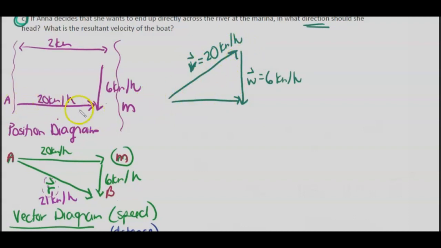She doesn't have to go east. She can go at an angle. She's still going to be traveling 20 kilometers per hour. Then we want the resultant to be whatever she's traveling plus whatever she's getting pushed down, and we want that to be completely straight across at M. So let's call this A, M, and let's just call this B.